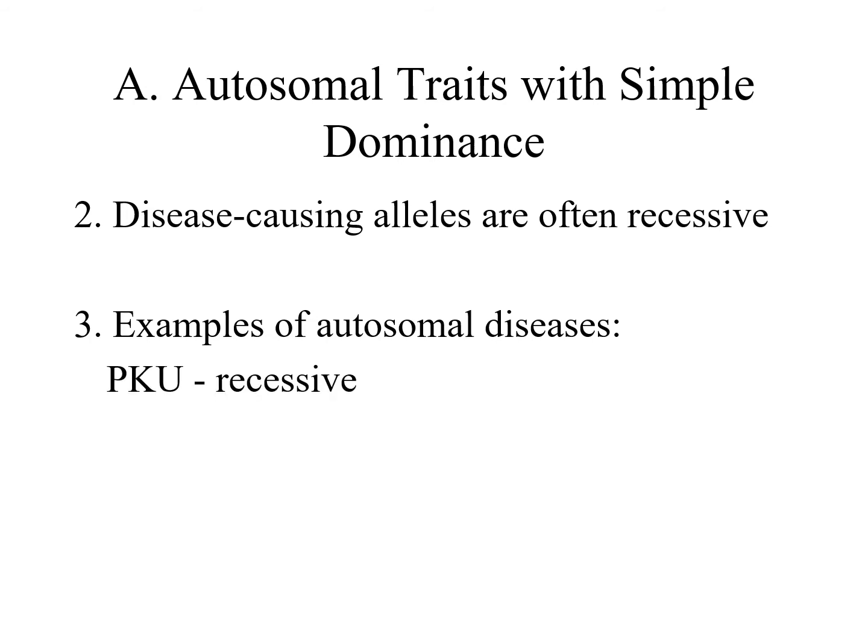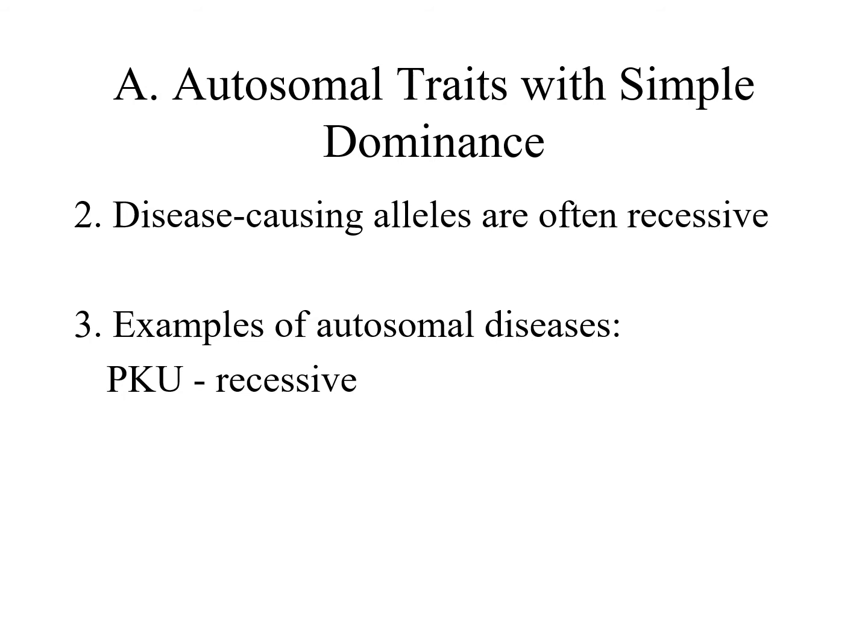The first is called PKU, phenylketonuria. This is an enzyme deficiency. So in people with PKU, the amino acid phenylalanine is allowed to be converted into phenylketone, which can damage the nervous system.